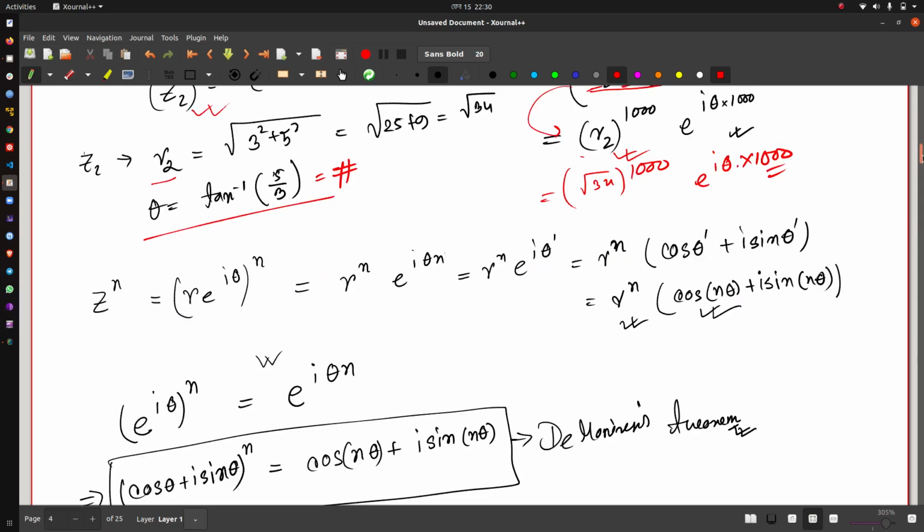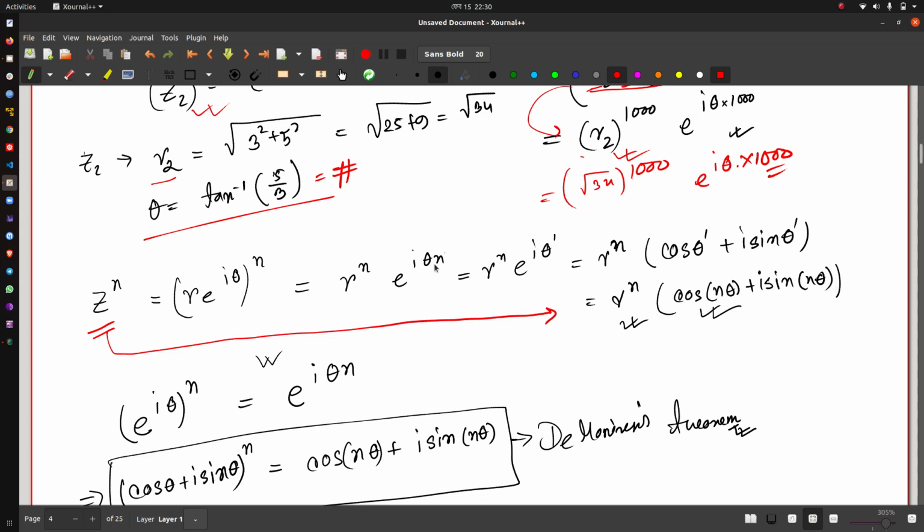And from these experiences we can derive another powerful theorem, and that is called the De Moivre's theorem. If you check that z to the power n is actually r e to the power I theta to the power n, and then you distribute the power among r and e to the power I theta, from there you can see that z to the power n would actually be r to the power n times cosine n theta plus I sine n theta.